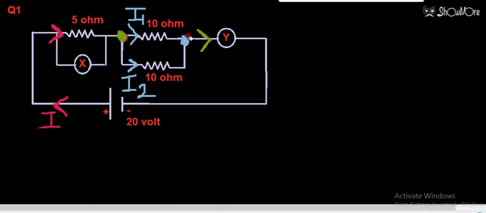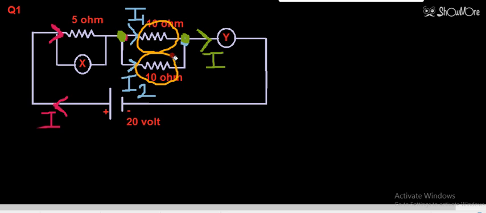Then further at this point both the currents combine, and this current will obviously be I. So this is the complete circuit diagram. Now see this resistance, because current is divided here, this 10 ohm resistance will be in parallel with this 10 ohm resistance.